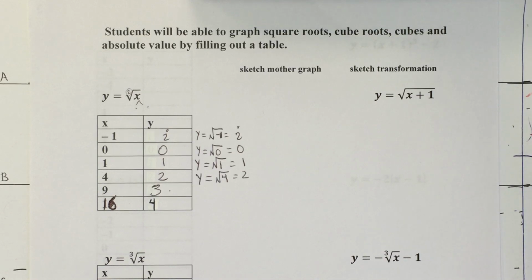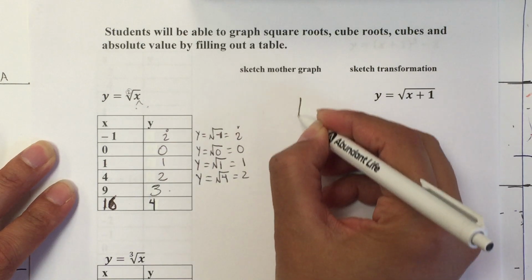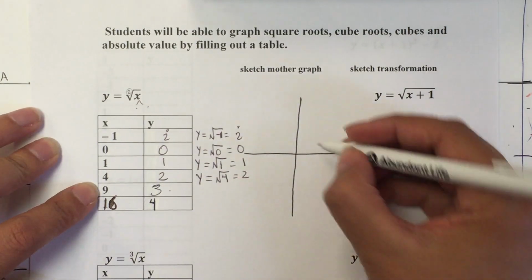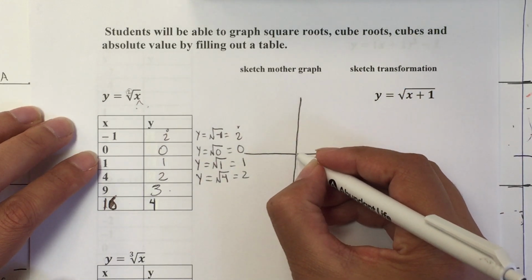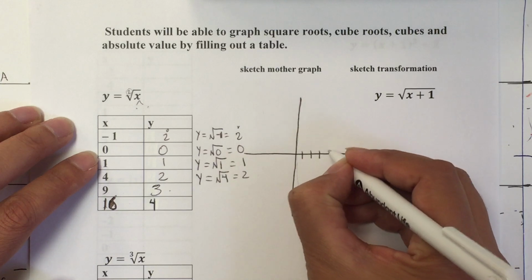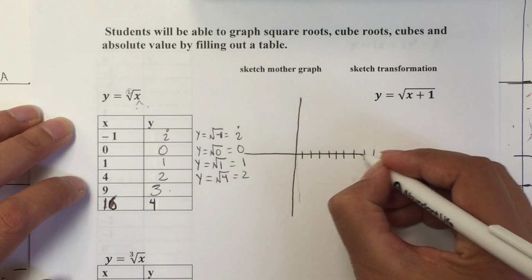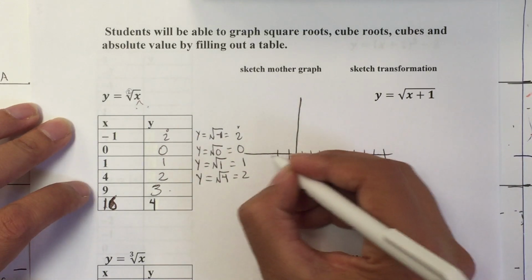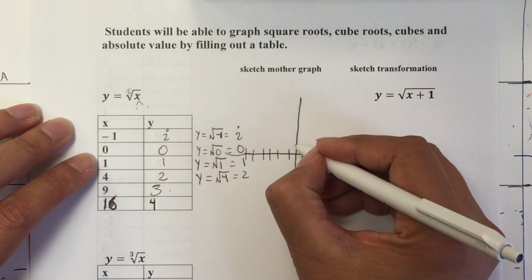And so we're going to be sketching the mother graph. It's a little crooked. So we have 4, 5, 6, 7, 8, 9, and so on.